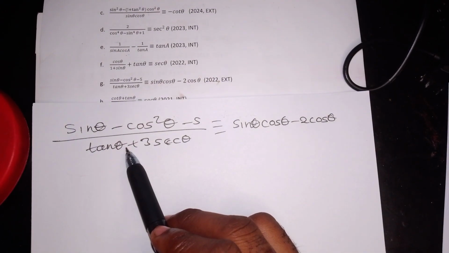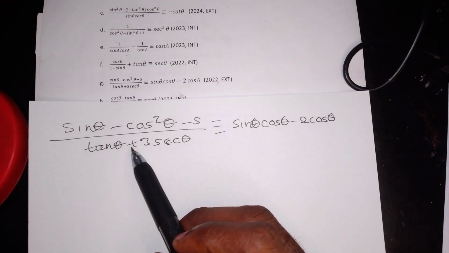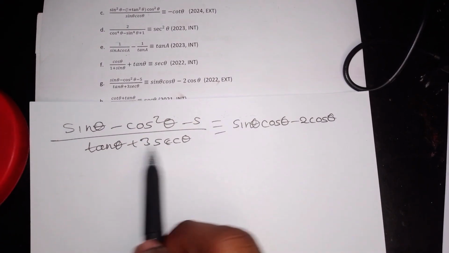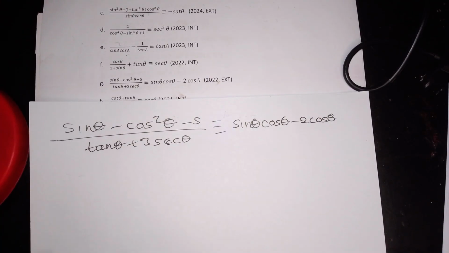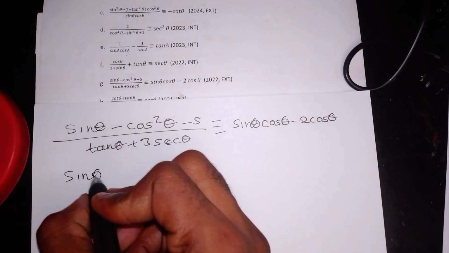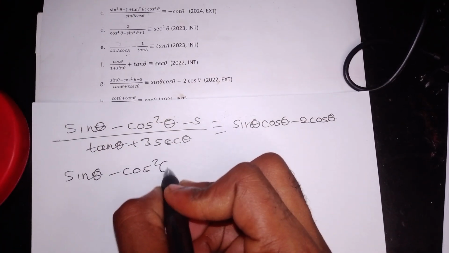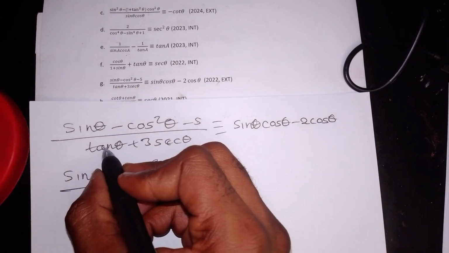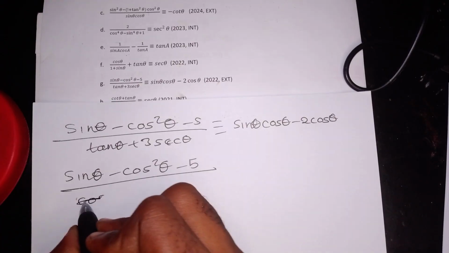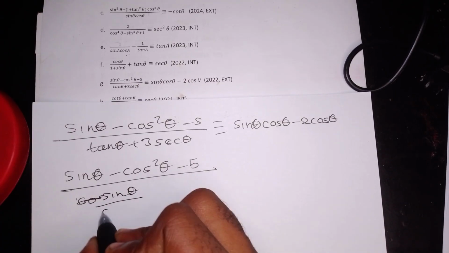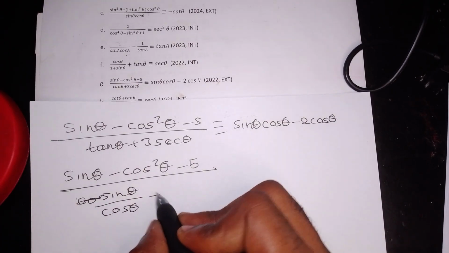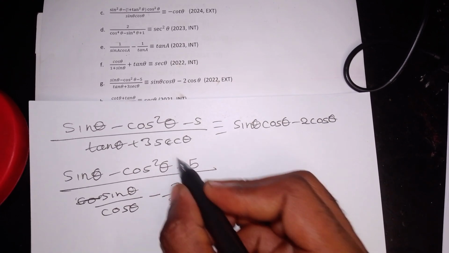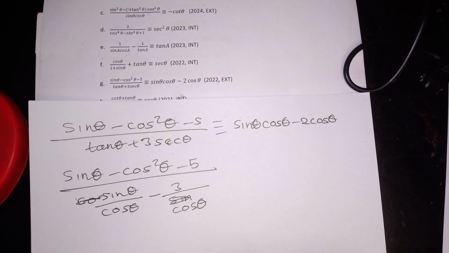So whatever you do, you're just trying to get rid of the fractions. So to do that, perhaps we can start by changing this, this is a 5. We can change this to sine theta over cos theta, and then minus this will be 3 over that will be cos theta.